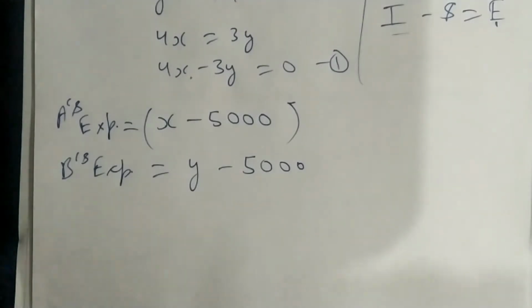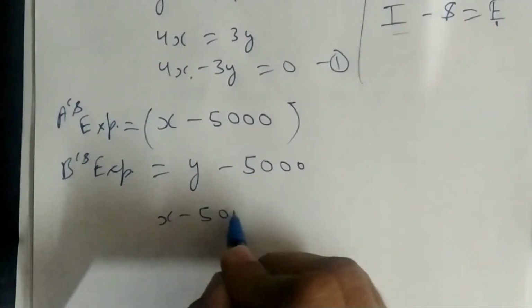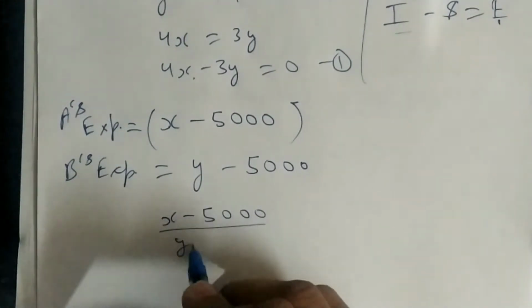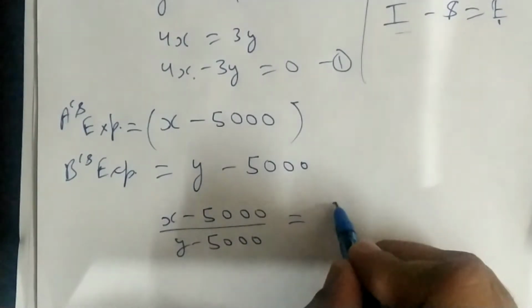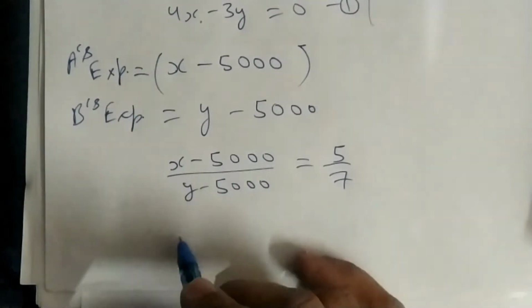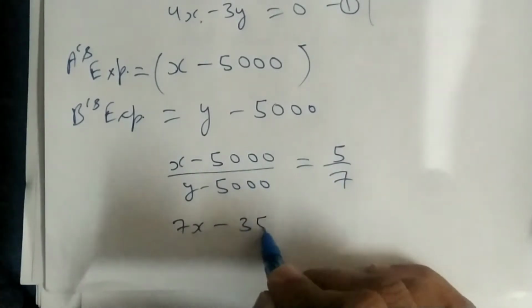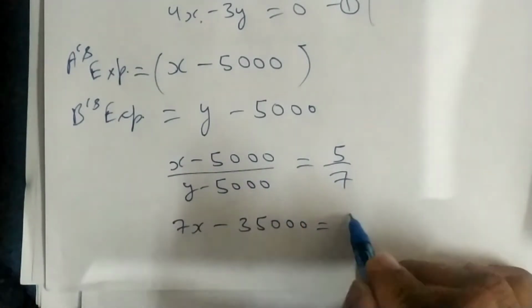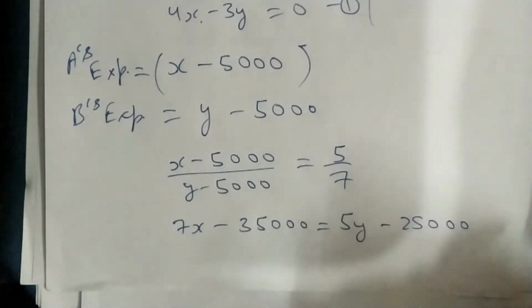But according to the second statement, the ratio of expenditures is given as 5:7. So that means X minus 5,000 upon Y minus 5,000 is equal to 5/7. From here on doing cross multiplication, what will we obtain? 7X minus 35,000, 5Y minus 25,000.